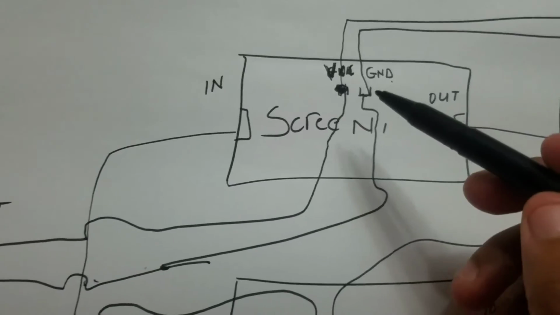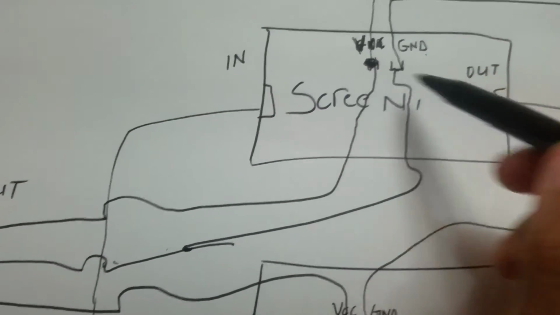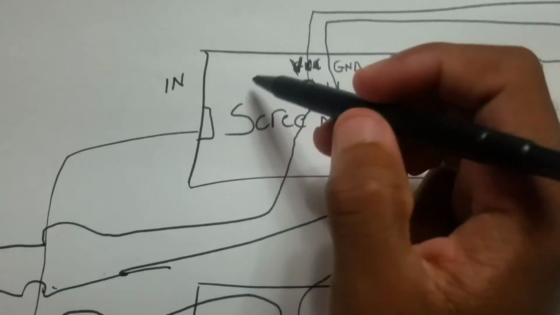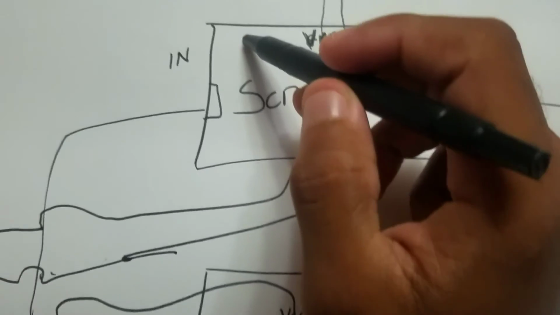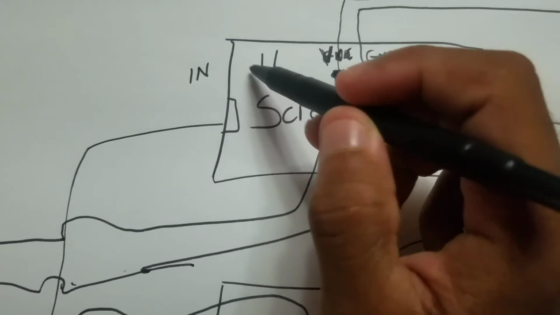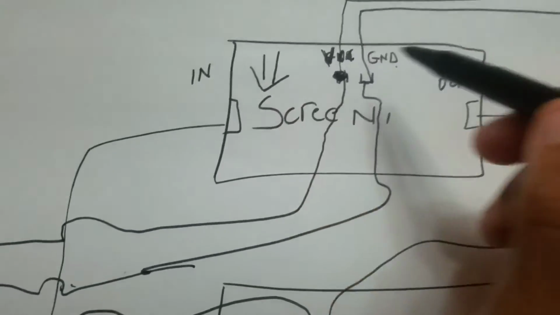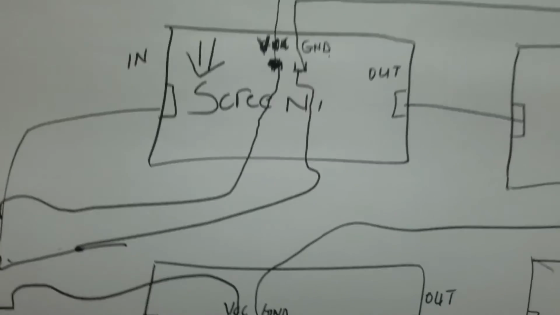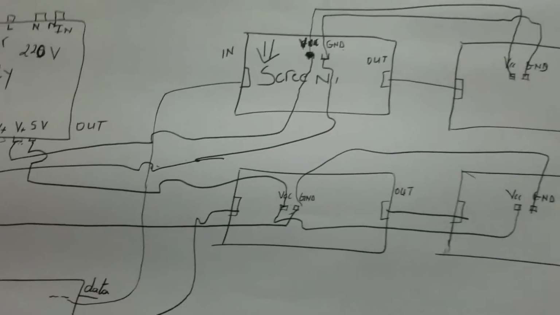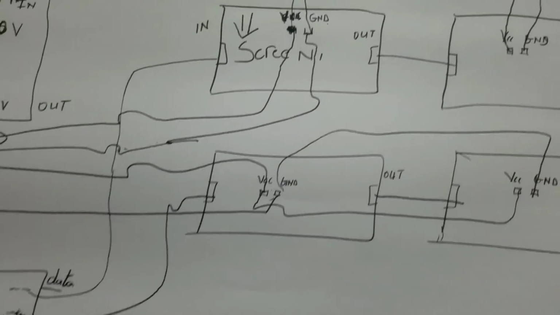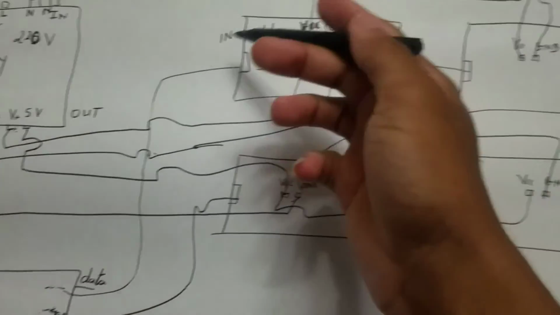And how do you know from your screen that here is input and here is output? Sometimes they may have a symbol like this, which allows you to know that here is the input of your screen.